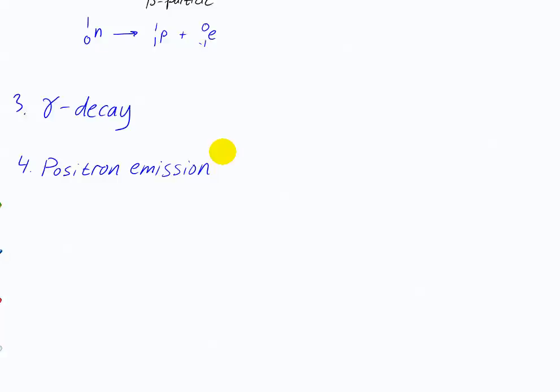So the equation looks like this. It's a weird looking equation, and then we'll talk about what it means. You can take something like fluorine-18, with atomic number 9, and it emits a positron, which is the same as an electron but with opposite charge.